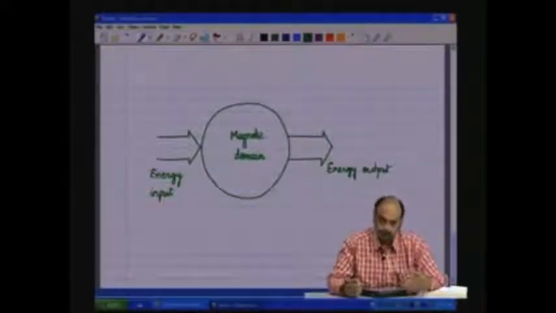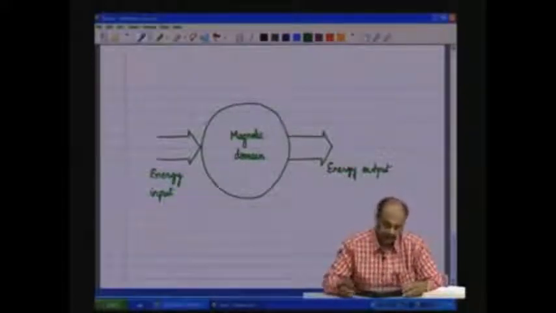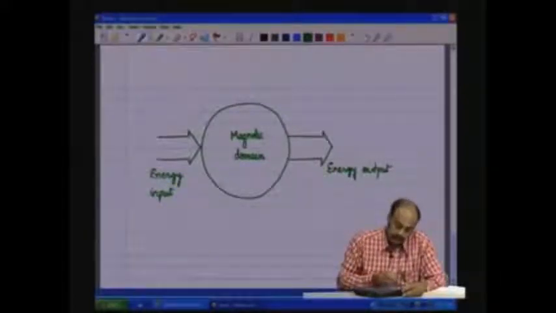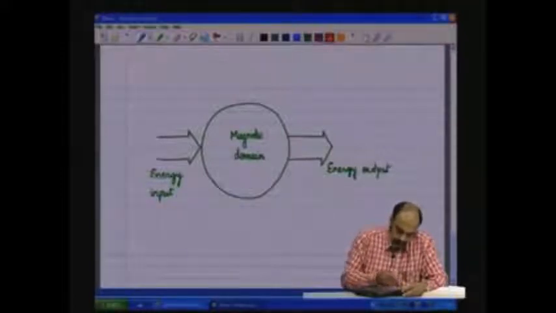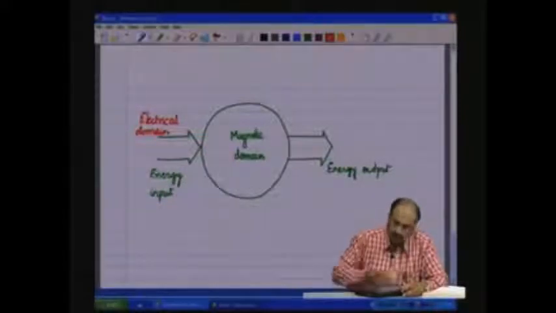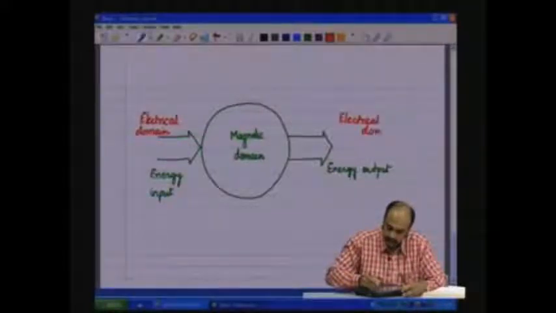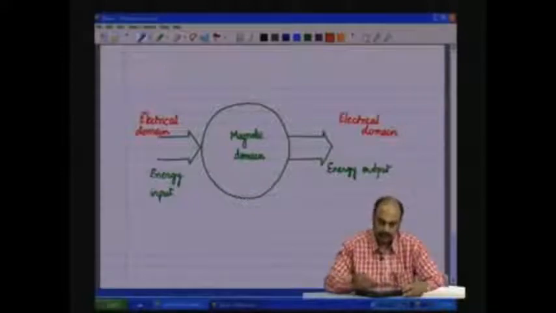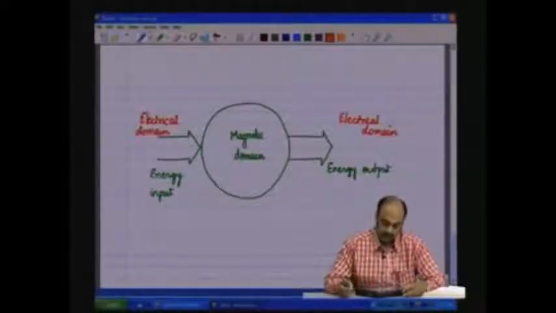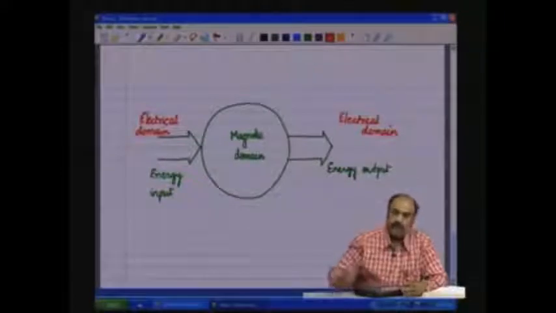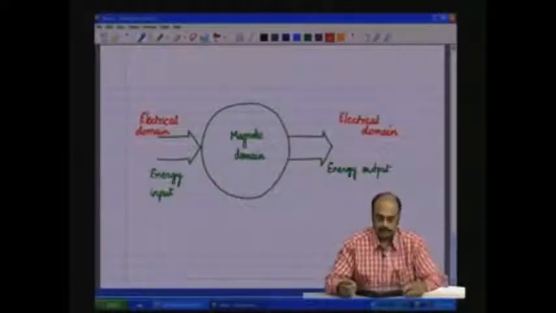So, the transformer is a two port system. There is an input energy and the output energy, and this is in the electrical domain, and this also is in the electrical domain, the output. Now, this would be the structure of a transformer.